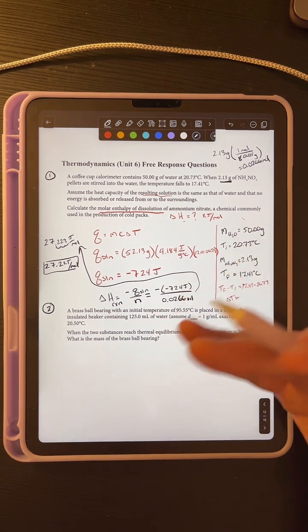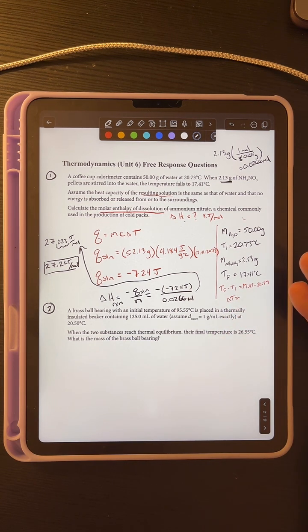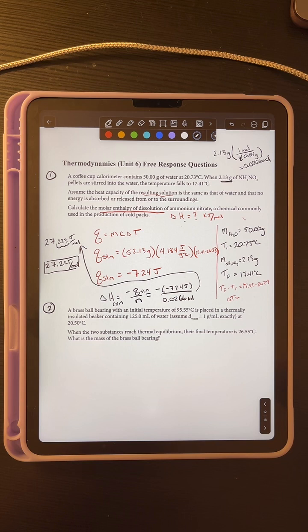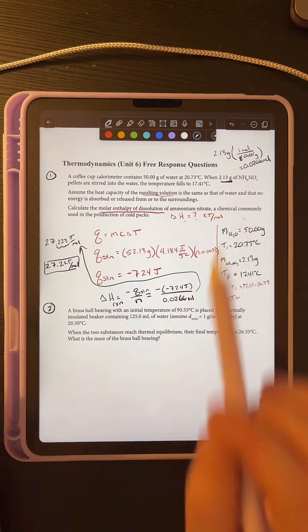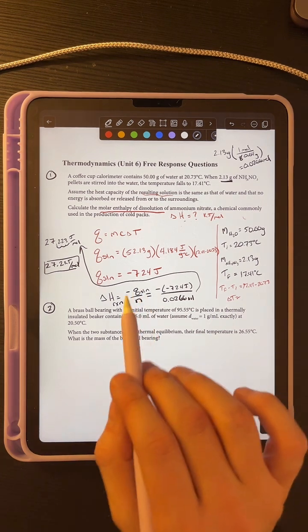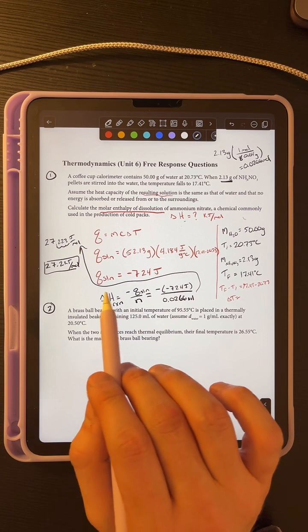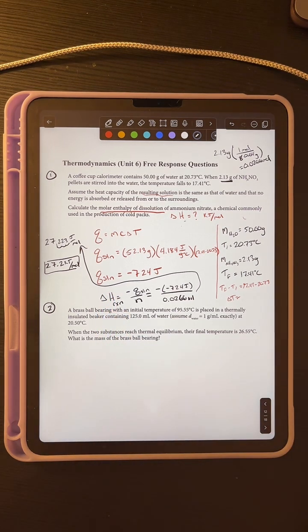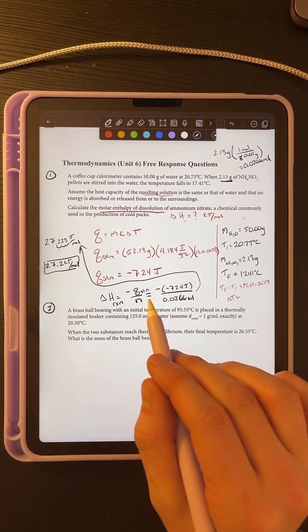We're just measuring the temperature change of the water, but that's not the actual reaction that's going on. The reaction that's going on is the dissolution. So we're kind of breaking apart our ammonium nitrate. And so the heat that is either absorbed or released by the solution is actually the opposite sign of our overall reaction. So there is a negative sign here for Q solution.